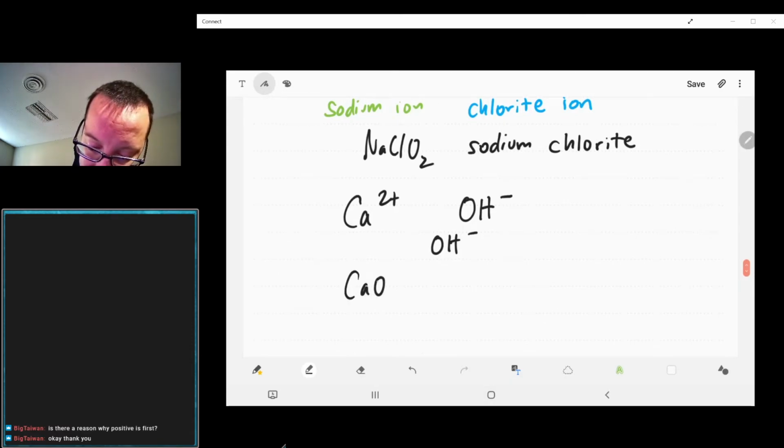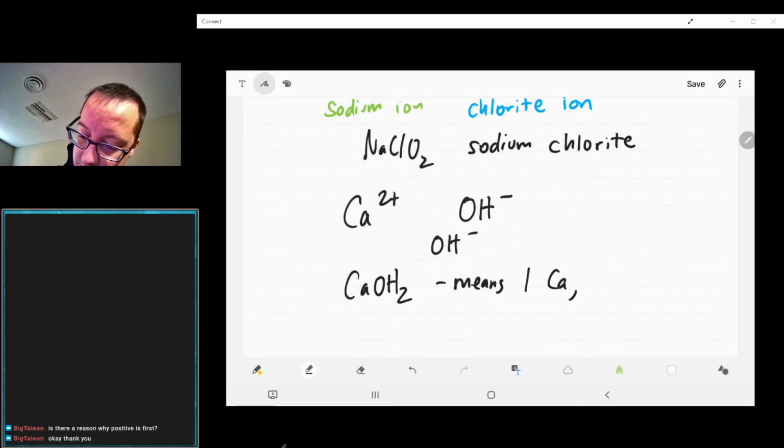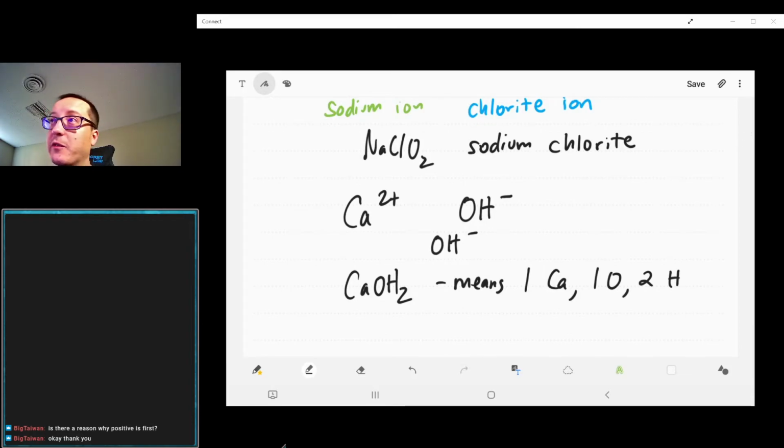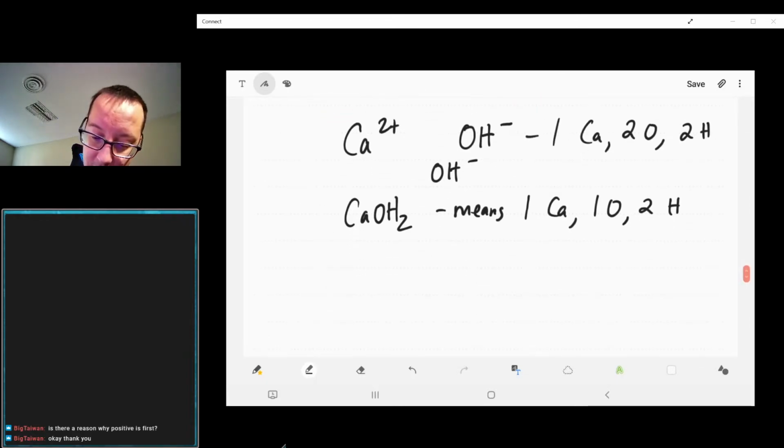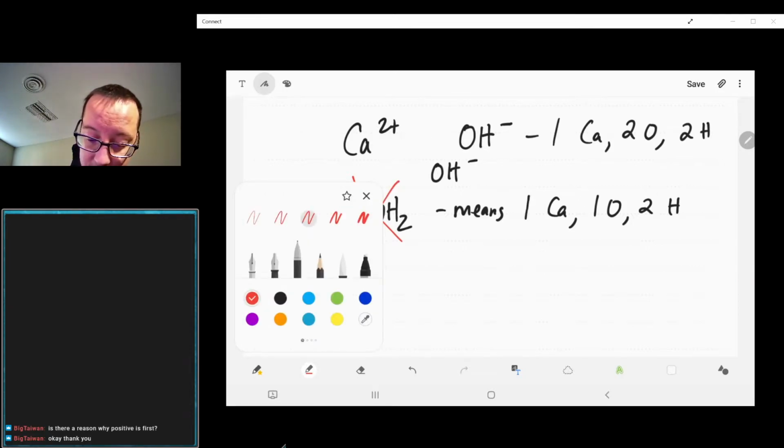Notice if we write it like this, this means 1 calcium, 1 oxygen, 2 hydrogen. However, if we look at what we've just drawn up here, we have 1 calcium, 2 oxygens, and 2 hydrogens. That's obviously a difference, right? We're going to see that this is not a good way of describing this.